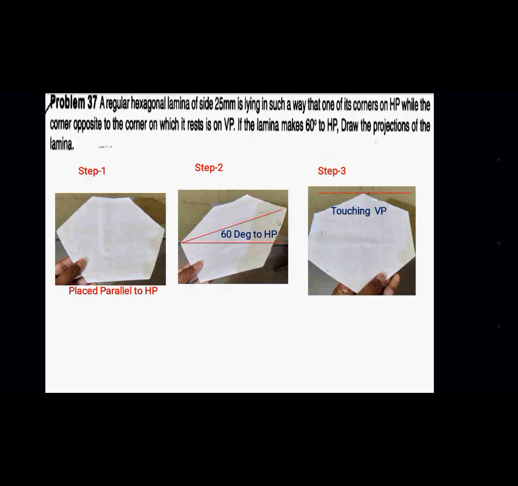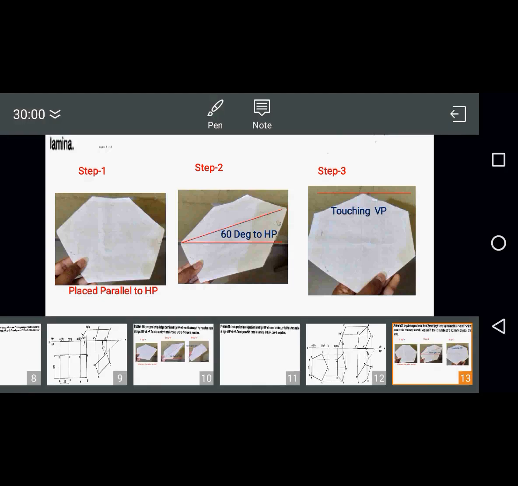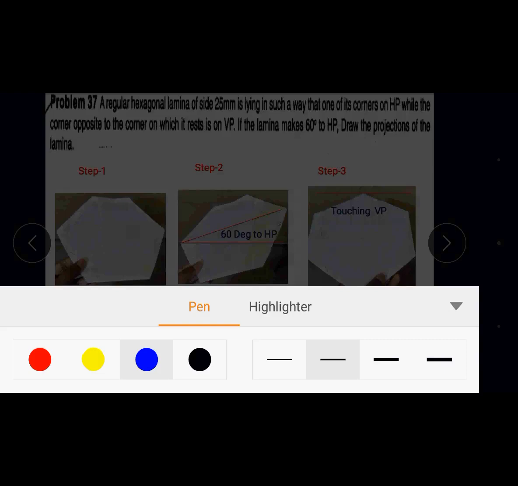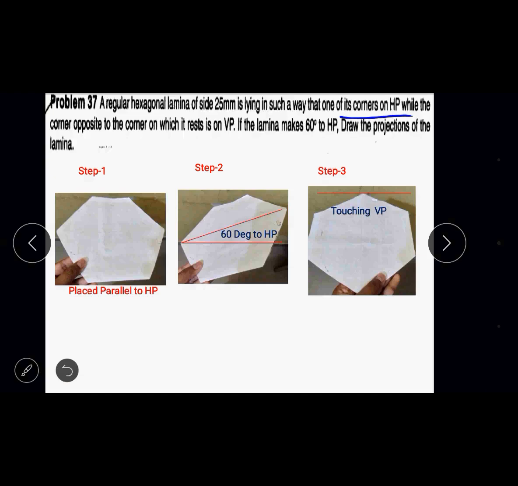So one of its corners is on HP, and the lamina makes 60 degrees to HP.